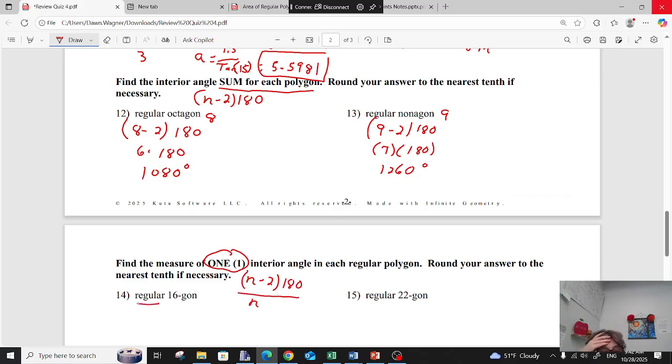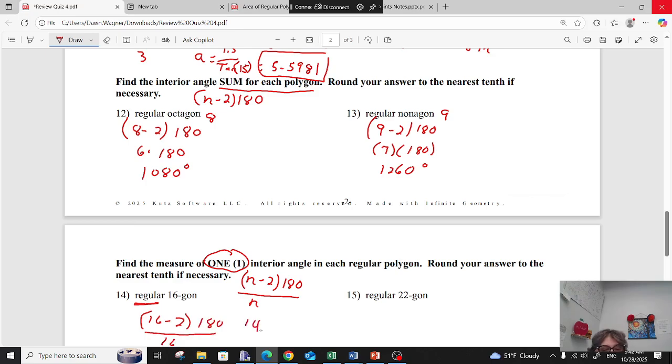Since they're regular, that means each angle on the inside is congruent, right? So I'm going to do 16 minus 2 times 180 divided by 16.